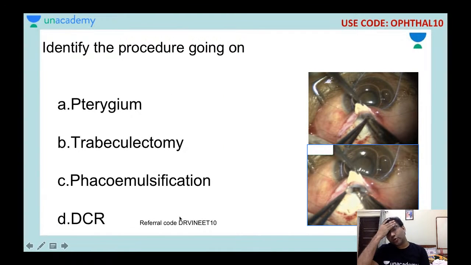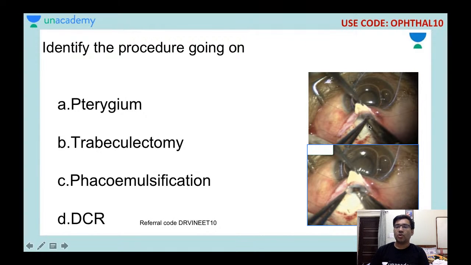Identify the procedure being done here. Your options are pterygium, trabeculectomy, phacoemulsification, or dacryocystorhinostomy. Here you can see I am making a partial thickness scleral flap, and under it I have made an ostium, an opening in the sclera, through which the aqueous humor can now drain into the subconjunctival space.